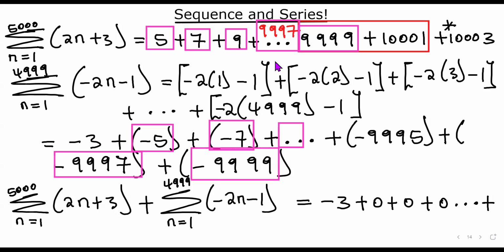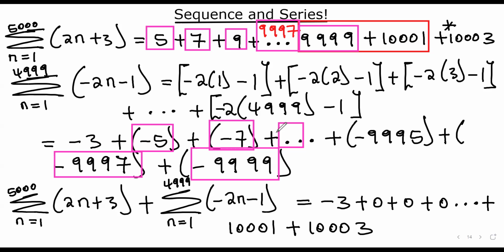But which terms will survive? Well, the 10,001 will survive, as well as the 10,003. They will survive. And if you now add those terms together, well, you have negative 3 plus 10,001 plus 10,003.